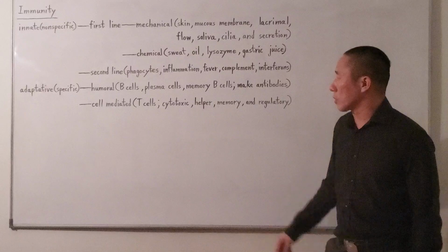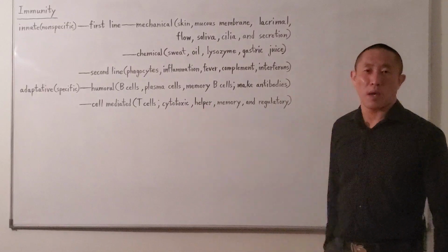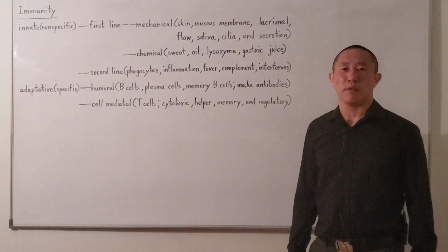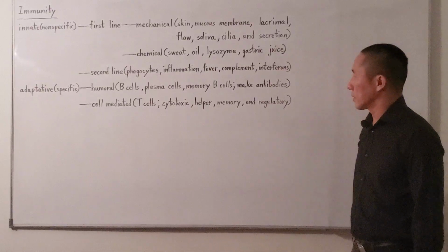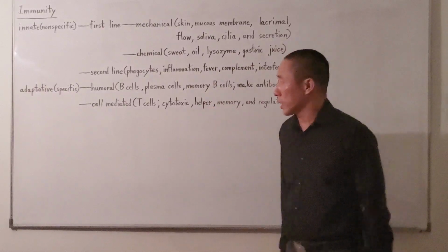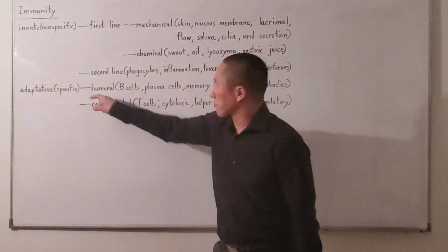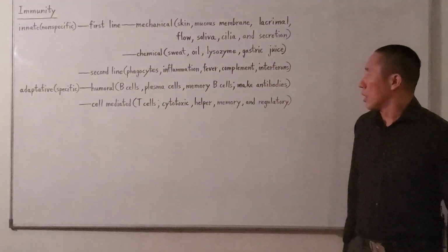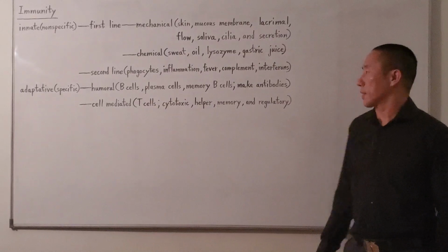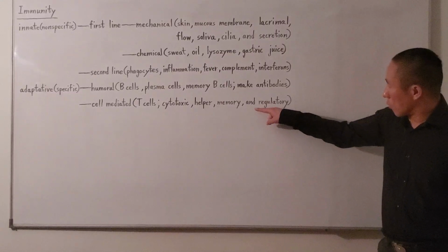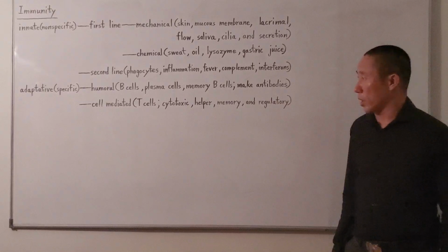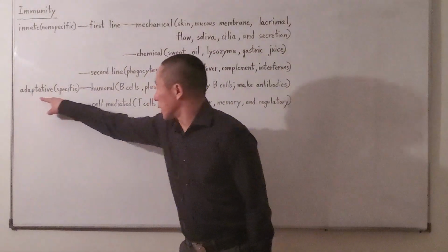Now, the function of the cytotoxic T cells is to fight cancer cells and also cells that are infected with a virus. Now, the function of the helper T cells is to coordinate the adaptive immunity. Now, the memory T cells have memory. Okay. Now, the regulatory T cells can suppress the adaptive immunity.